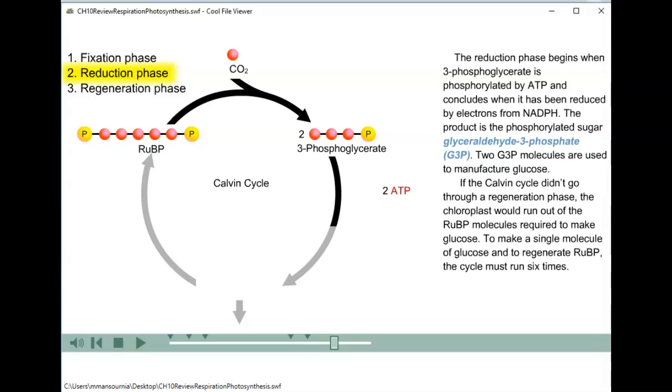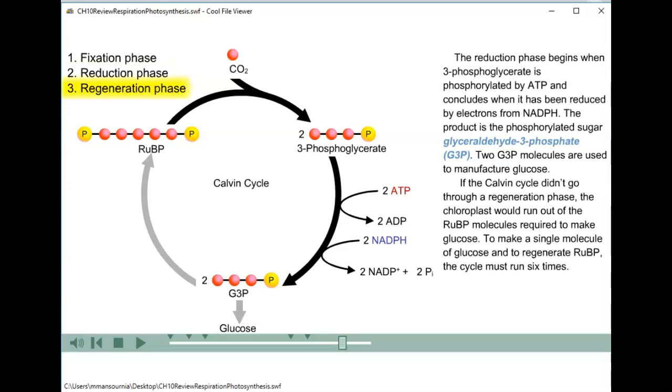The reduction phase begins when 3-phosphoglycerate is phosphorylated by ATP and concludes when it has been reduced by electrons from NADPH. The product is the phosphorylated sugar glyceraldehyde 3-phosphate, G3P. 2 G3P molecules are used to manufacture glucose.